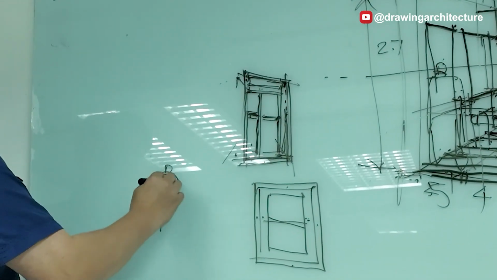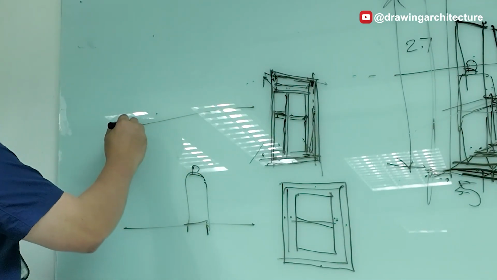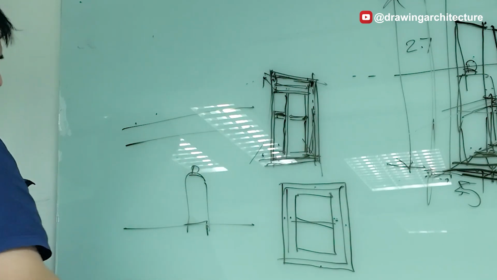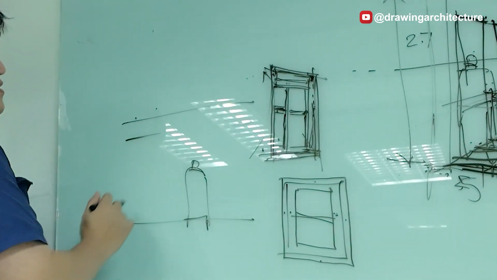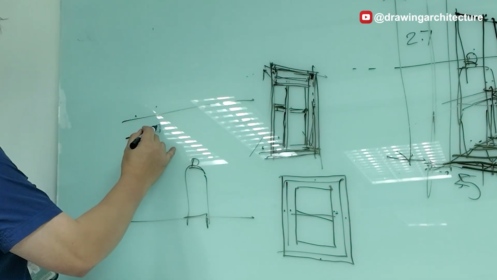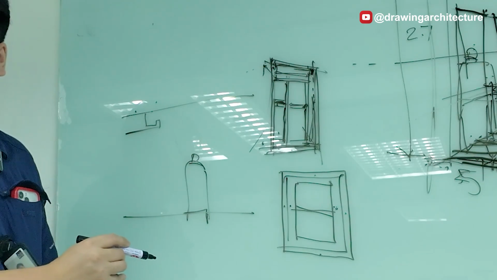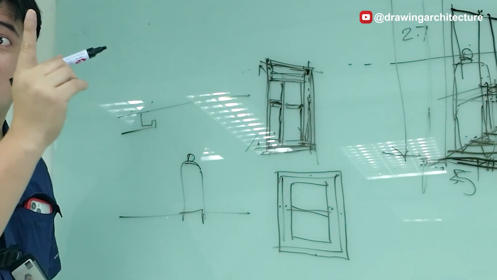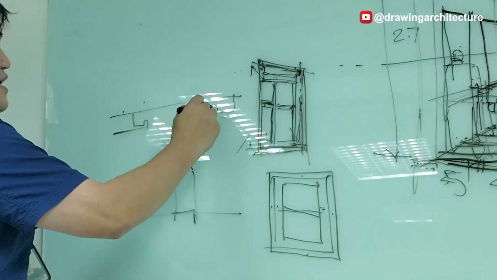So if this is the height of a person, ceiling level, say ceiling level. Right? In section, okay, so in section, it's like this. It's like a hollowed out until to the slab of the ceiling or floor above. And then it's like this, L shape.